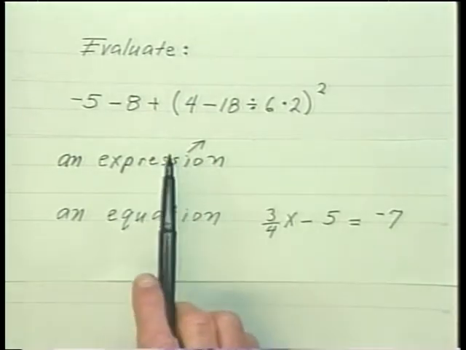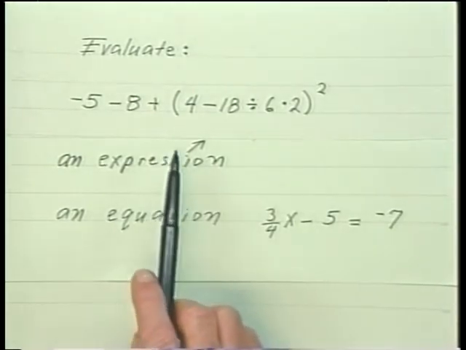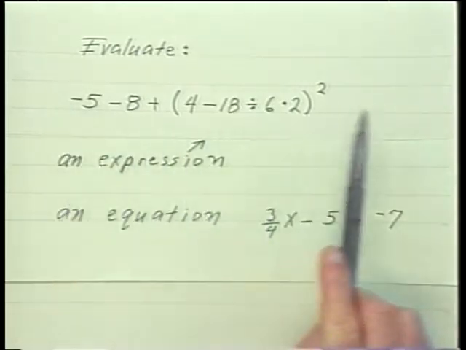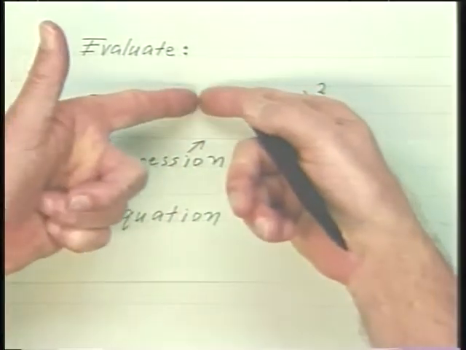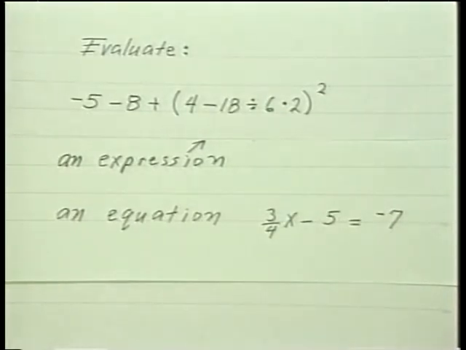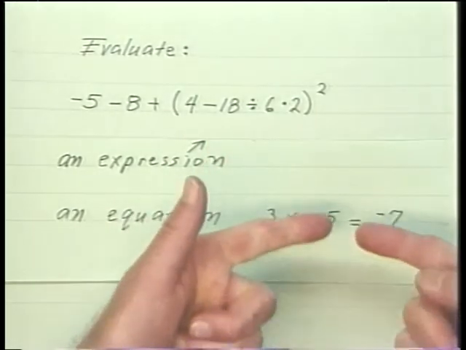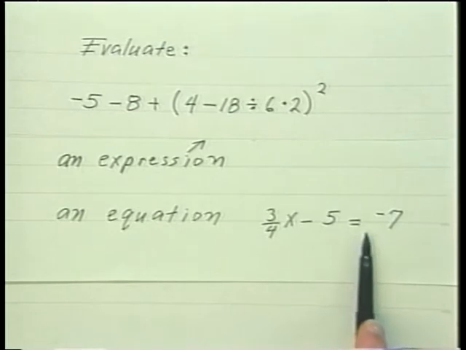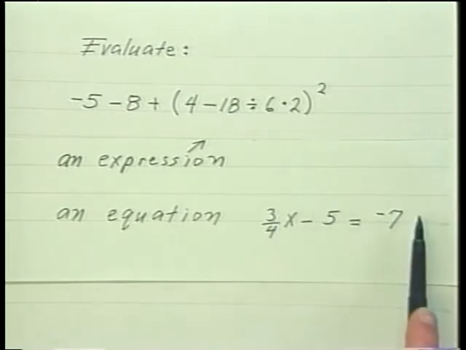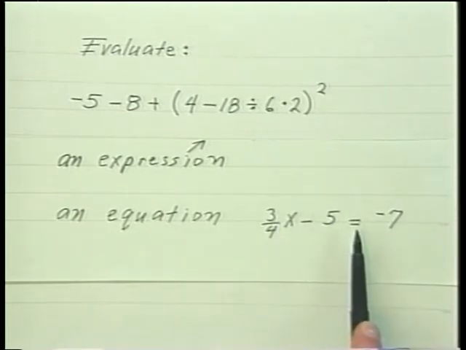An expression in mathematics, in algebra specifically, is a grouping of symbols which ultimately can be replaced by a single number. An equation, on the other hand, is a statement about two expressions. This stands for one number, this stands for one number, this says I want those two numbers to be equal. So an equality is two expressions wanting to be equal.